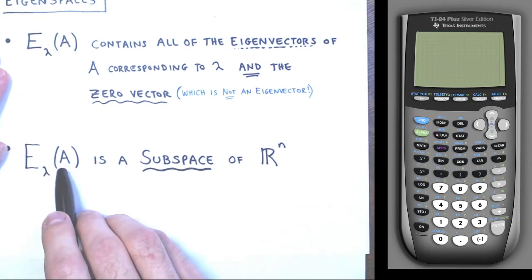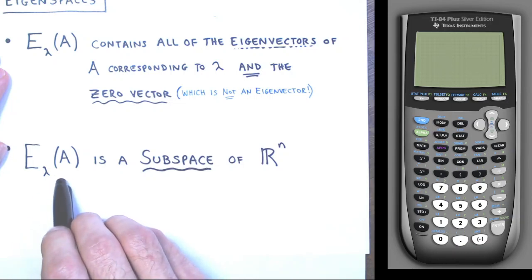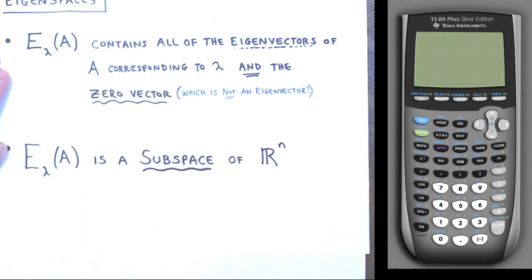It's closed under addition: if you take two eigenvectors, add them together, you get another eigenvector corresponding to lambda. And it's also closed under scalar multiplication: if you take an eigenvector corresponding to lambda and multiply it by a scalar, that scalar multiple would also be an eigenvector corresponding to lambda.